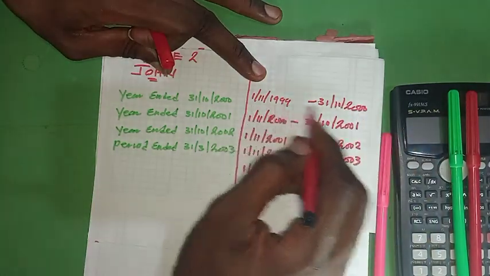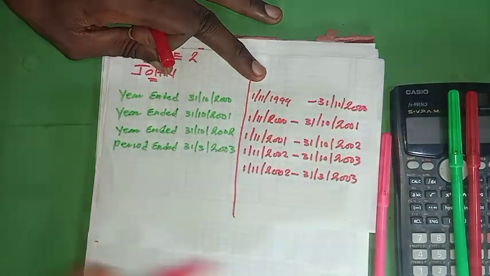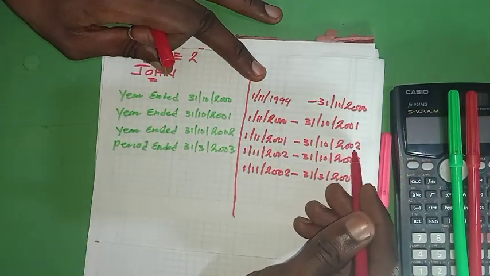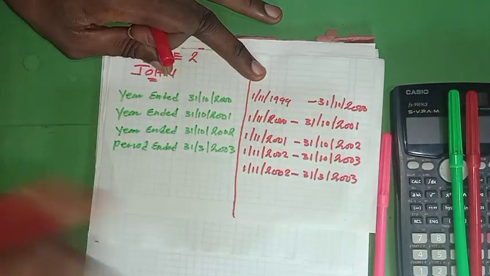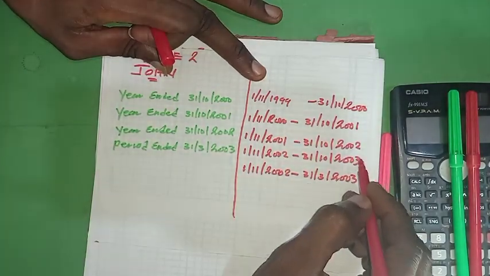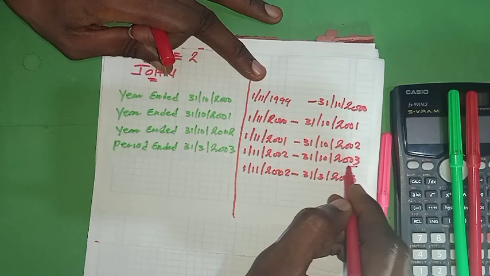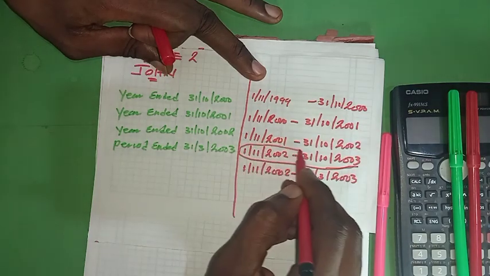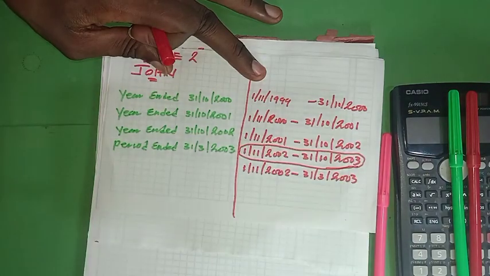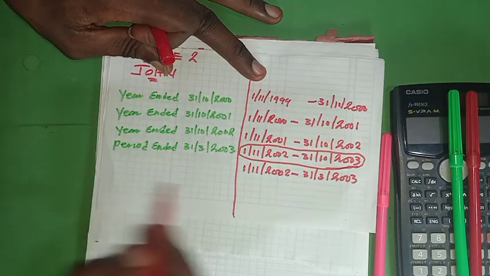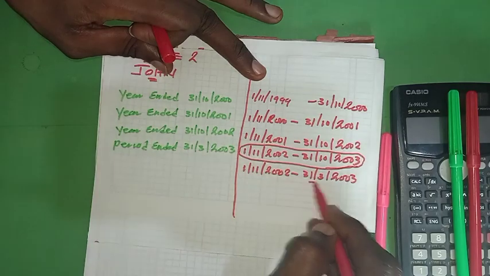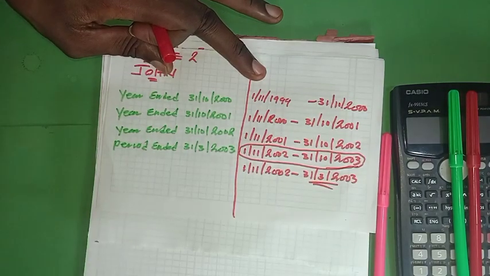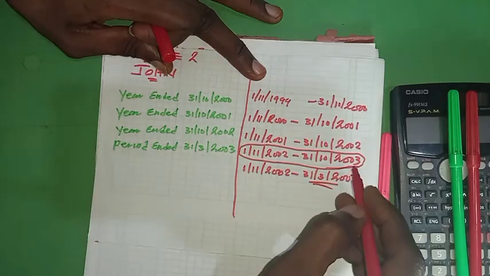This is the account they are maintaining. In 2000, they maintain the account. In 2001, they maintain it. In 2002, they maintain it. But in 2003, instead of preparing this account, they went ahead and prepared this. So which year did they first fail to prepare the account? It's 2003.